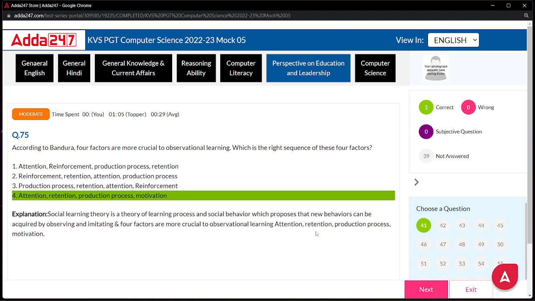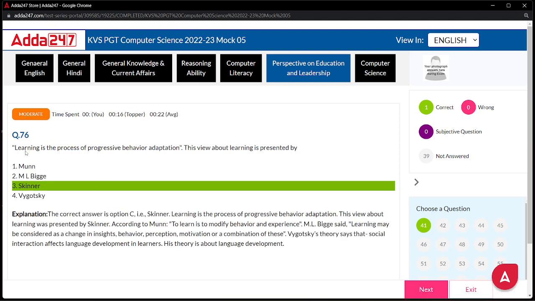First is attention, then retention, then production, and the last is motivation. Learning is the process of progressive behavior adaptation. This is presented by Skinner. The term progressive is related to Skinner, and you can see the explanation: learning was presented by Skinner. To learn is to modify behavior and experiences.